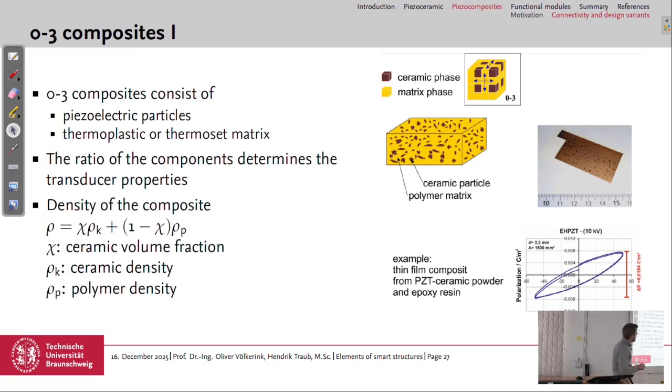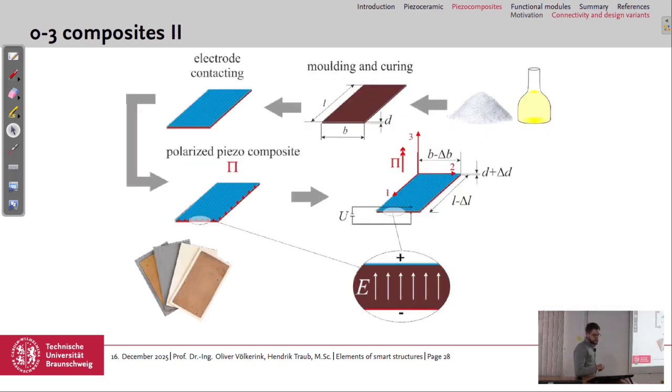It's a bit small, but here you can see a real image of the 0,3 composite with these ceramic particles in it. If we want to build a transducer from the 0,3 composite, we start with our powder, like shown in the beginning, then mold and cure it and have the sintering process.